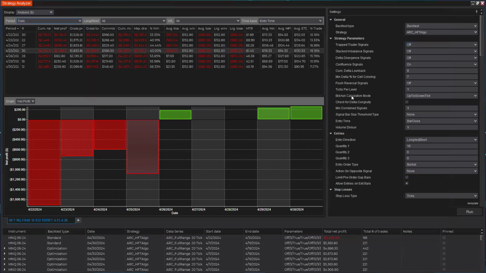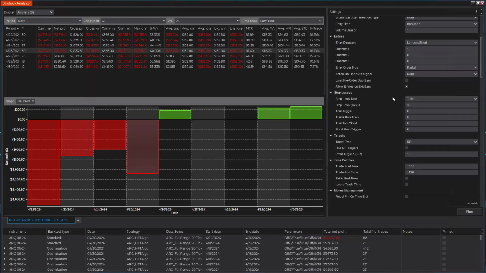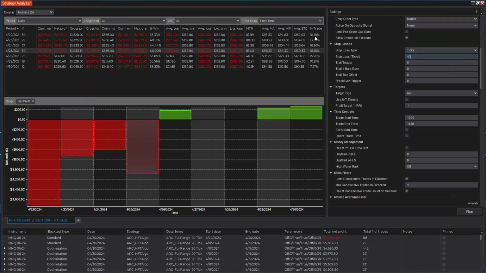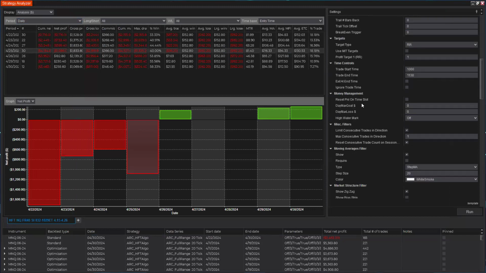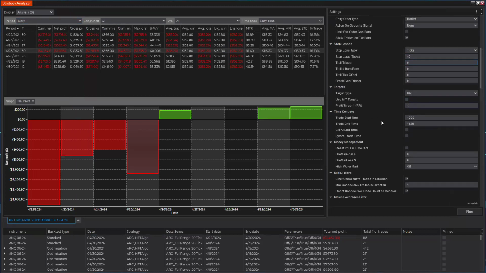When I ran it on the more recent stuff, I ran it with 10 as the look back. You can just go 5 for coloring, and then I had it set to 40 ticks, and that seemed to be better. 1-to-1.